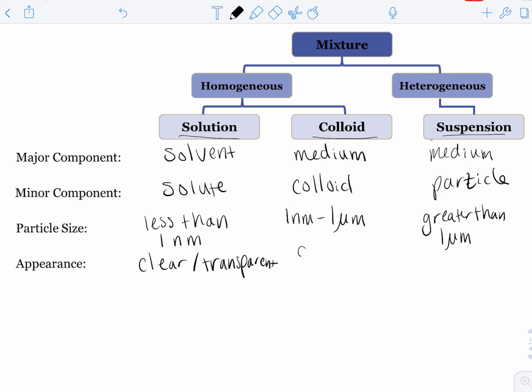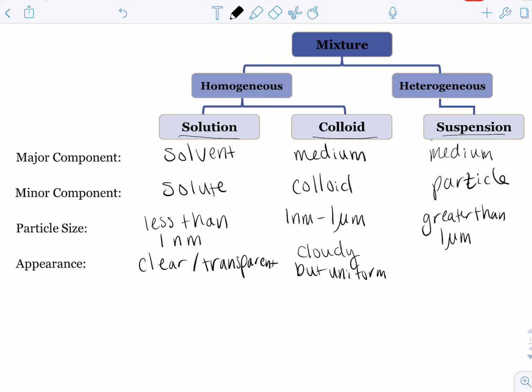With a colloid, it's going to be cloudy. Sometimes you can't really see the cloudiness unless you shine a light through it that will refract off of the particles in there. But it does have a uniform appearance, so you can't see a distinction between the substances.